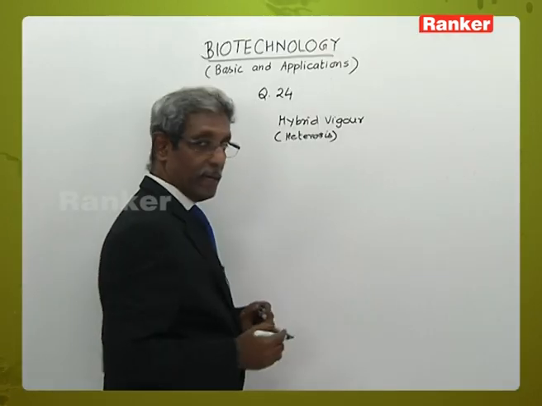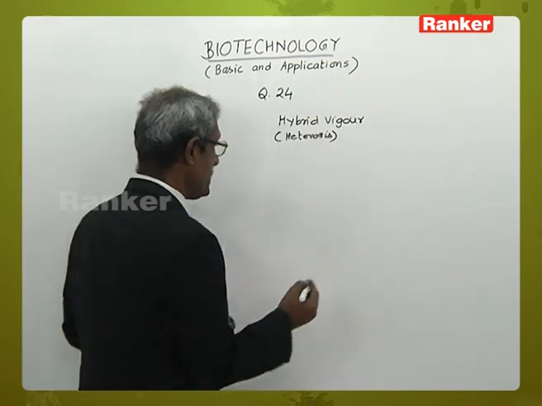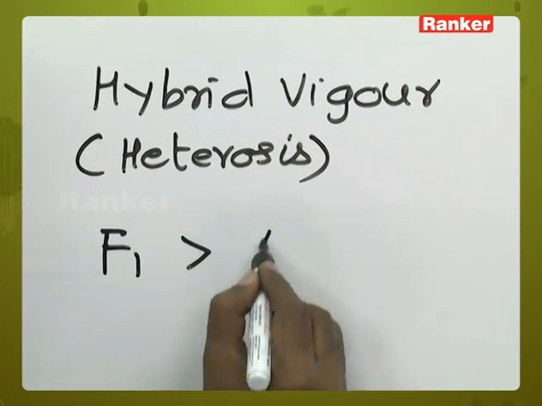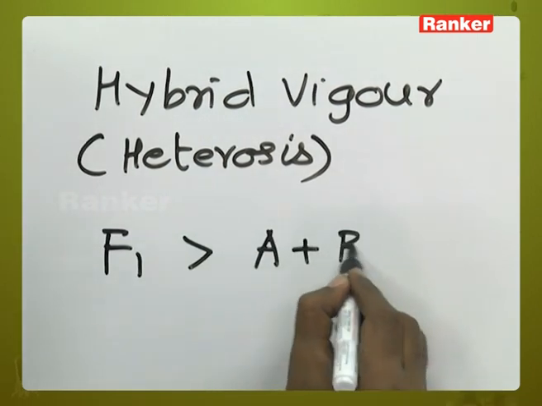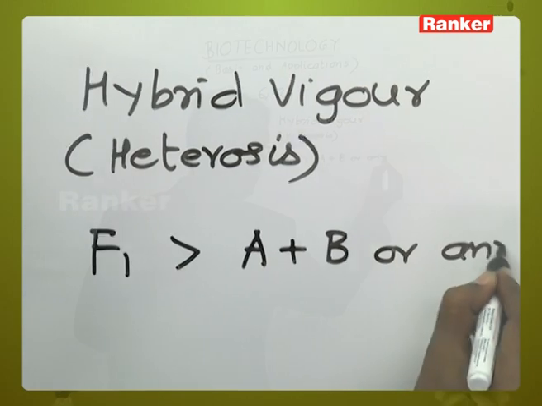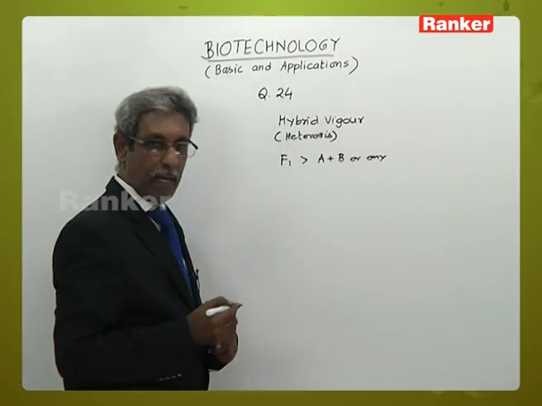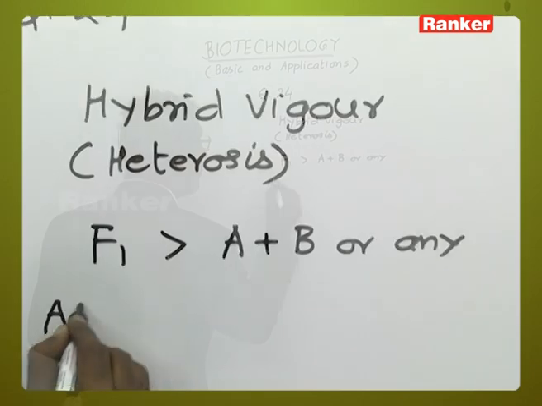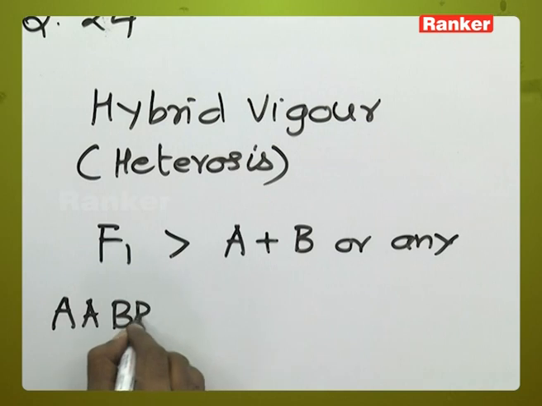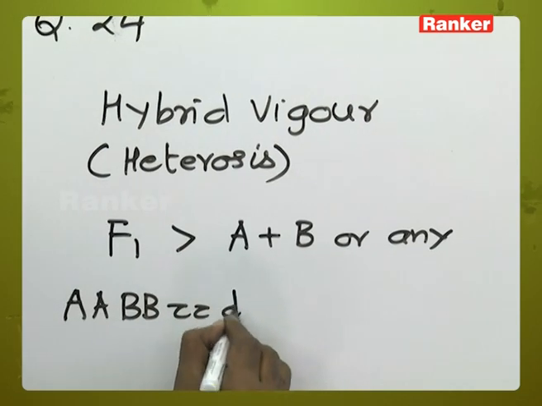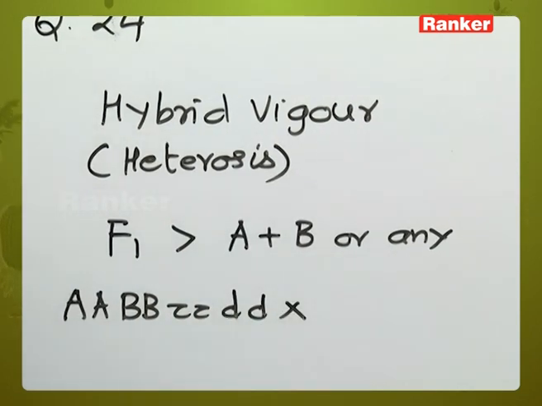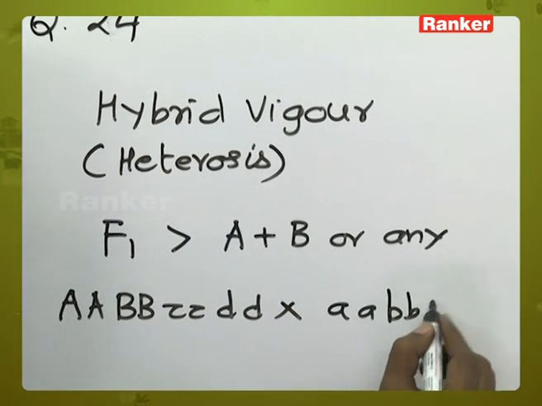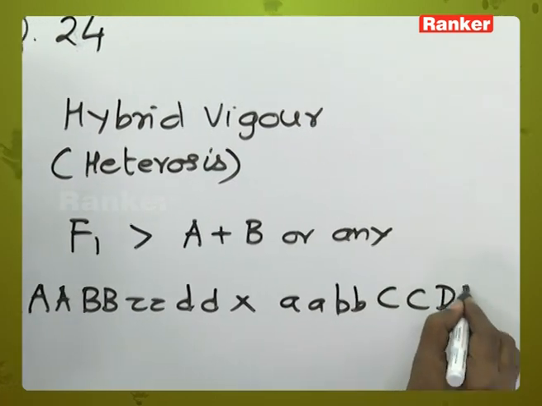Now, when you take hybrid vigor, we understand that the F1 is always superior to both the parents or any of the parents. You take an instance wherein one of the parents is capital AA, capital BB, small c, small d. It is crossed with another parent who is small a, small bb, capital C, capital D.